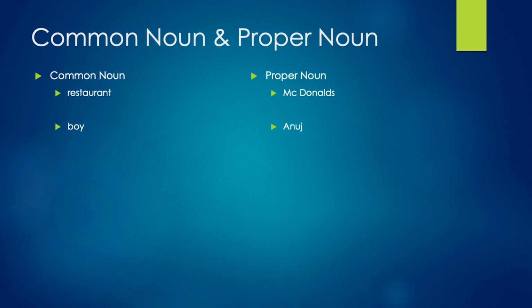Similarly, the word subject is a common noun, whereas science is a proper noun. Day is a common noun because it could be any day of the week, but Sunday is a proper noun. Country is also a common noun, whereas Nepal is a proper noun.